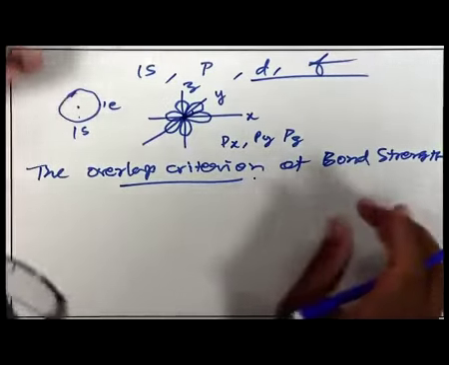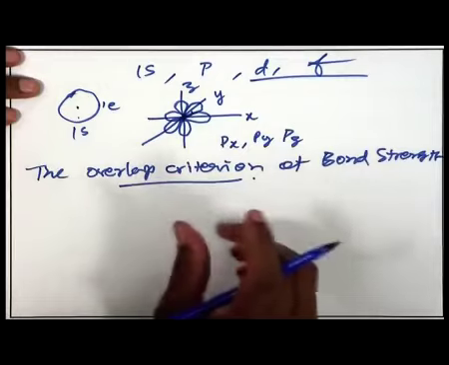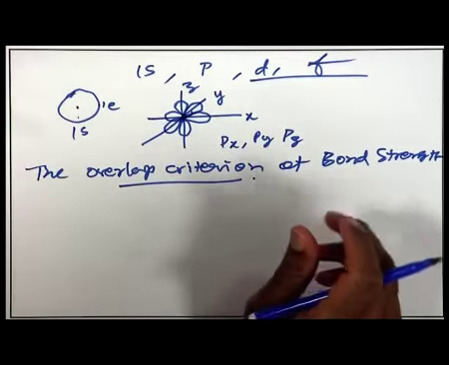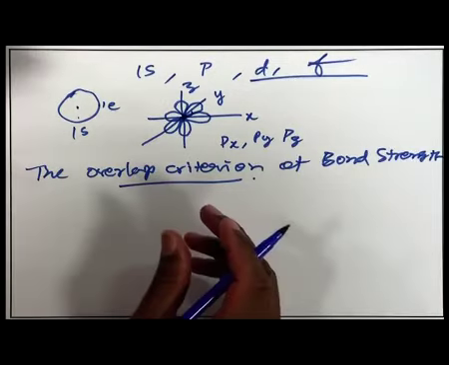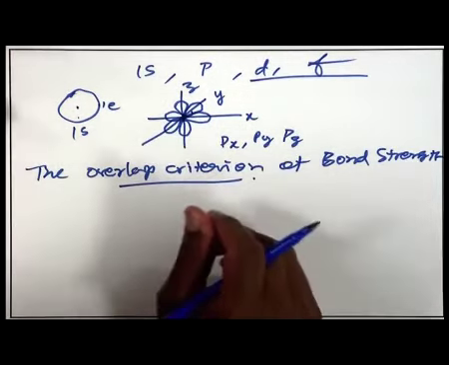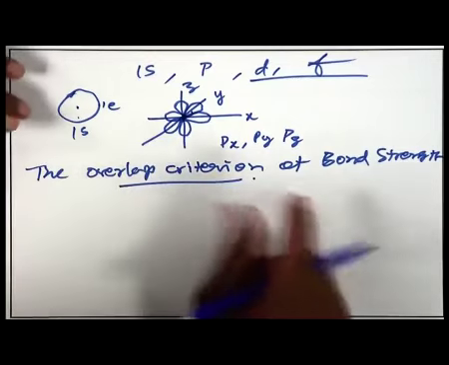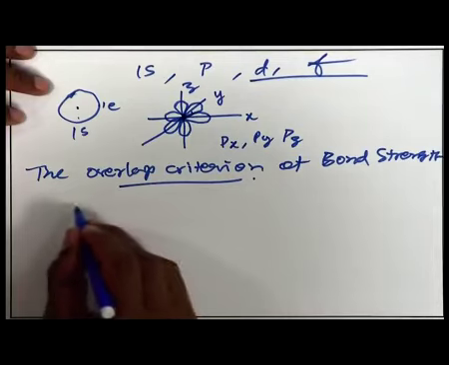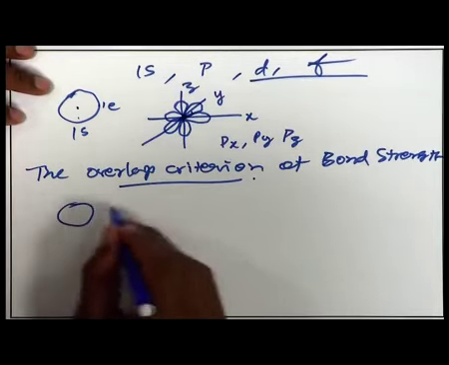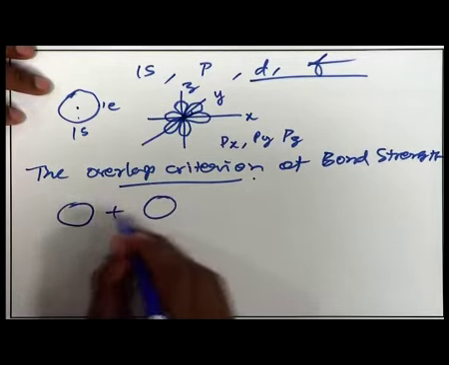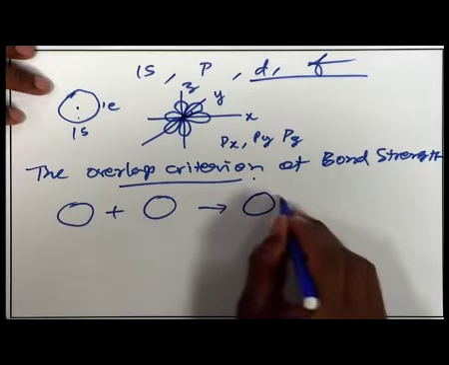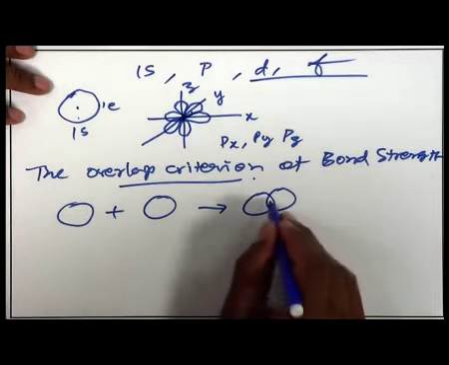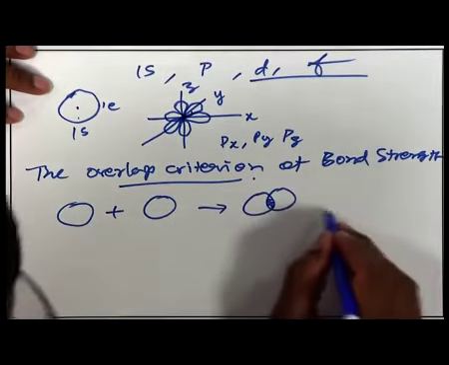So, that means there is a relationship between the nature of the overlap and the bond strength. Because overlap is important to have a stronger bond, the higher the overlap, the stronger the bond. You have a 1s orbital plus 1s orbital giving an overlapped bonding orbital. Suppose this much is the overlap.